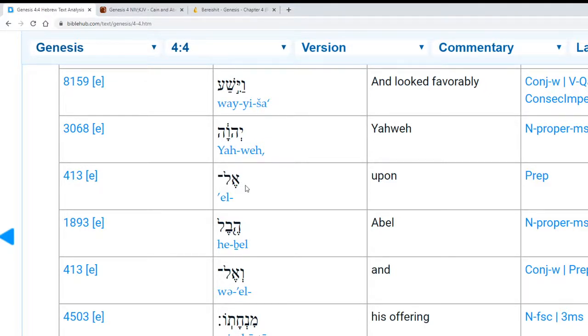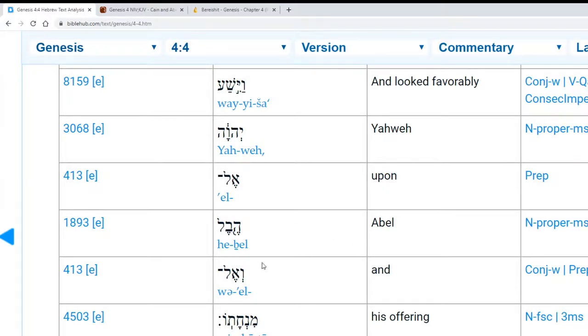When I transliterate these types of things, I like to always use A for the aleph and E for the ayin. It's up to you if you want to pay attention to how those two prepositions are used differently, because they're used very similarly, but they're different words. So it is what it is. Hevel, right? So the name Abel.